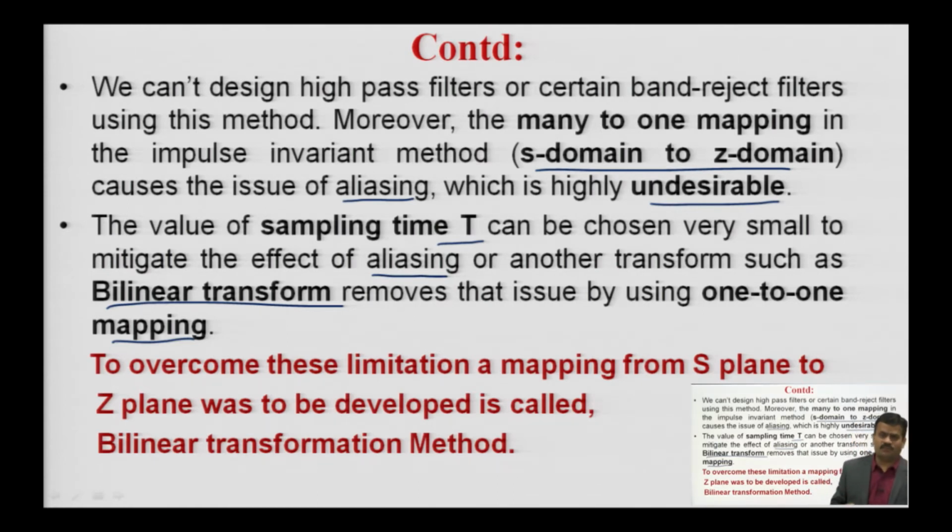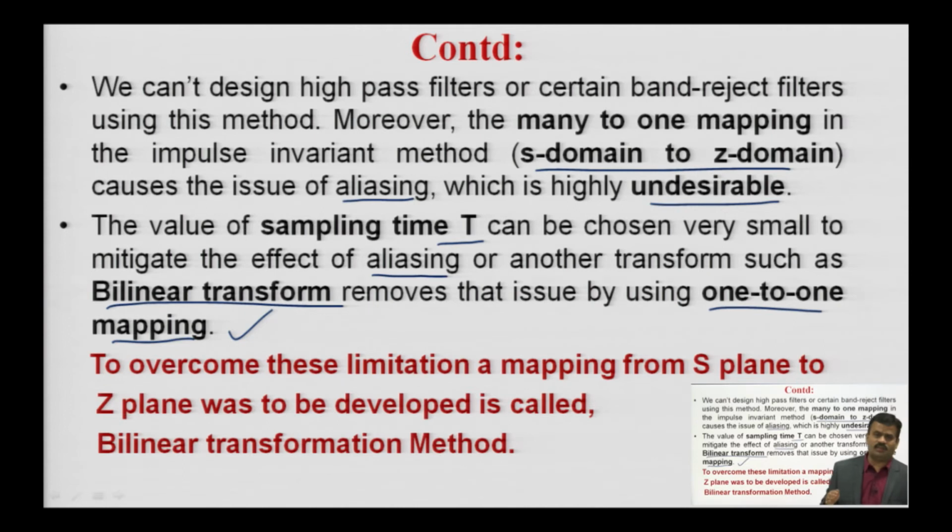That is why we came to the bilinear transformation method, which is based upon one to one mapping, okay. So, in the bilinear transformation method you can use one to one mapping instead of many to one mapping.